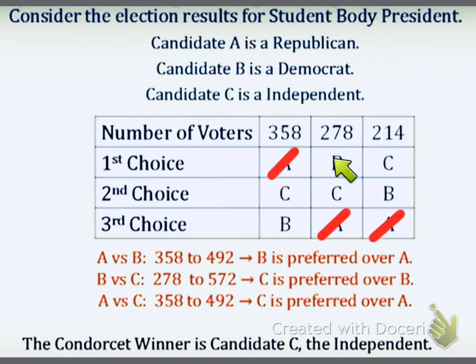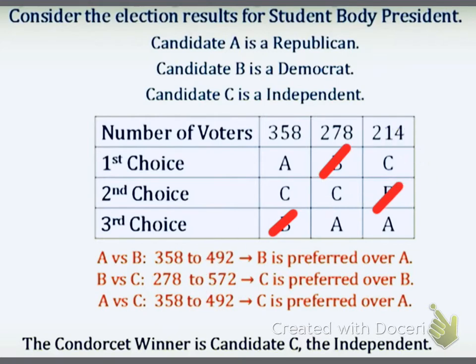But when we look at C, the independent votes, and this makes sense if you think about it, and I'll explain in a minute. C beats B here, so they beat the Democrat. They lose to the Democrat in this column, but C beats the Democrat in this column. So actually, C is preferred over B. And the independent, C, is also preferred over A, because A wins here, but C gets all of these other votes.